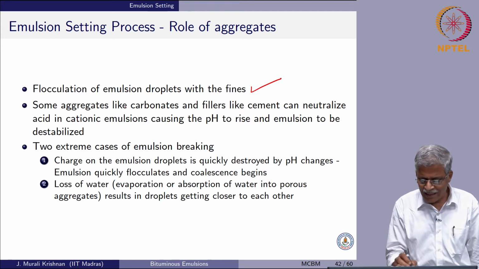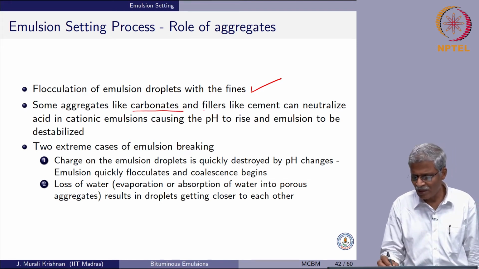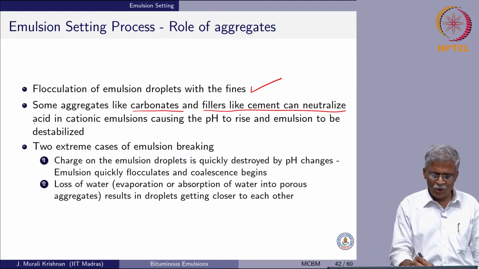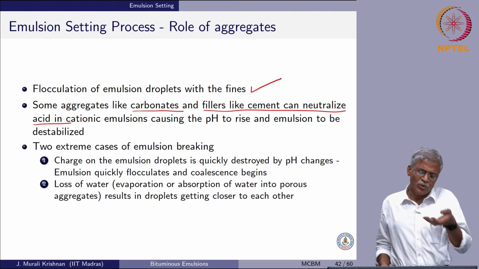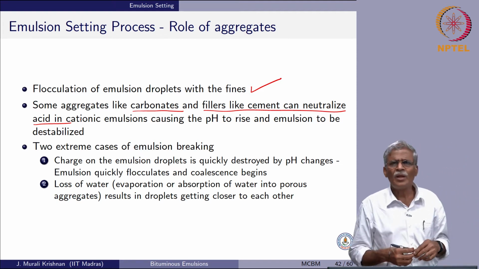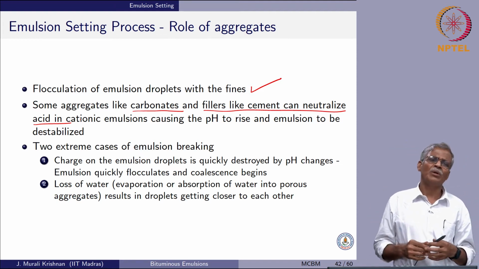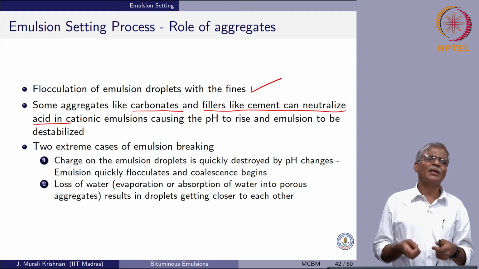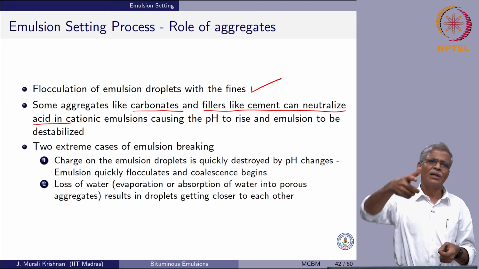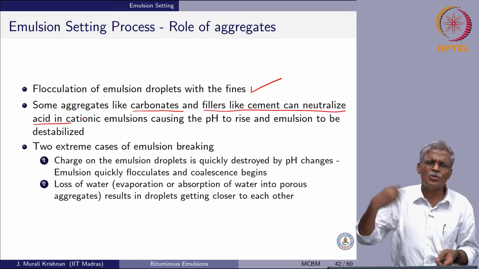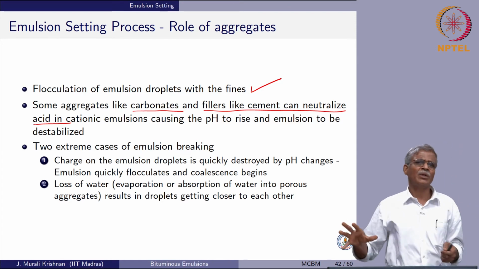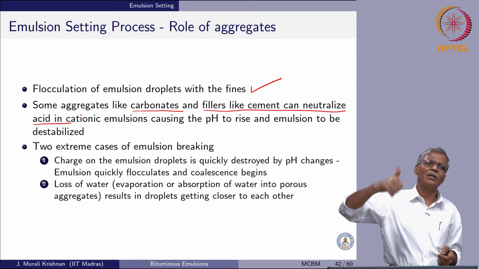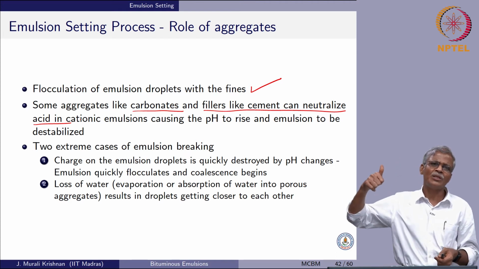Some aggregates such as carbonates and cement can actually neutralize the acid in a cationic emulsion, and immediately the pH will rise. One simple experiment that I do in my laboratory is to take a cationic emulsion, add some cement and ask the students to stir it, and within a few seconds you can see the emulsion break completely, because immediately the system's pH increases.